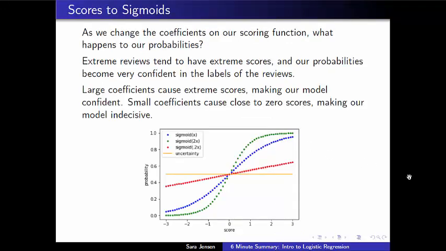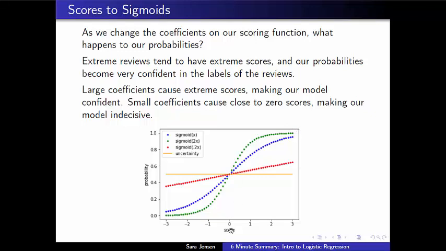Now, one of the most important things we learned when looking at the sigmoid function is that we are in control of all of these coefficients, all of these weights that we attribute to the occurrence of particular words. And what you'll notice from taking a look at this graph is that even when you get to scores like -3 or 3, so 3 in the bag of words model would be indicating you have just 3 positive words in that review, we have a hugely high probability that that's a good review.